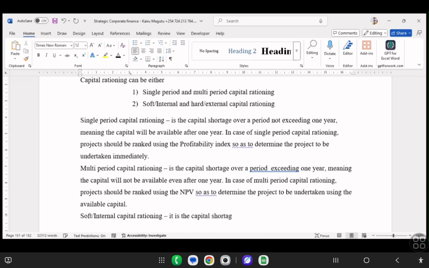It is the capital shortage or insufficiency that is caused by factors within the management control, e.g. unwillingness to borrow due to fear of the financial risk.